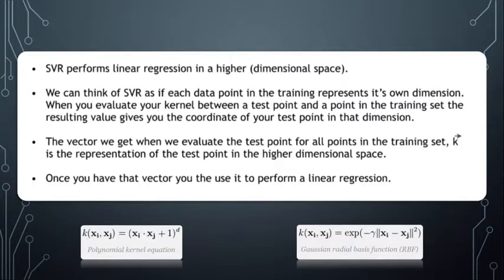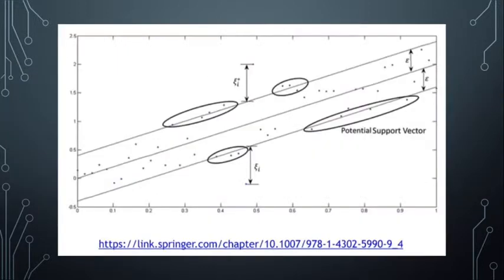The vector that we get when we evaluate the test point against all points in the training set is the k vector, and it is the representation of the test point in the higher dimensional space. Once you have that vector, you can use it to perform a linear regression.